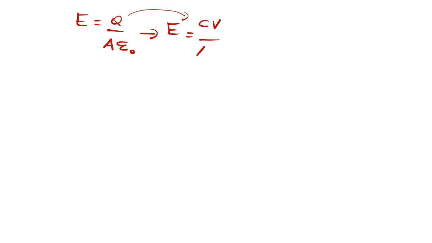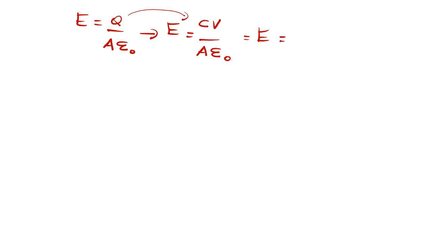From the previous equation, we have E equal to Q over area times epsilon naught, and we expand from this equation, E equal to CV, because Q equals CV, we substitute here, over area times epsilon naught, and V itself is equal to Ed.